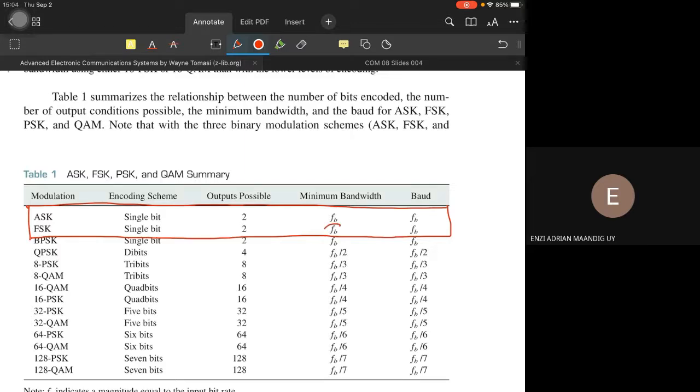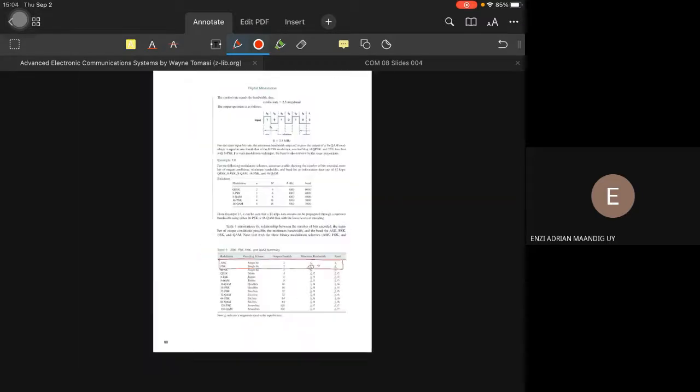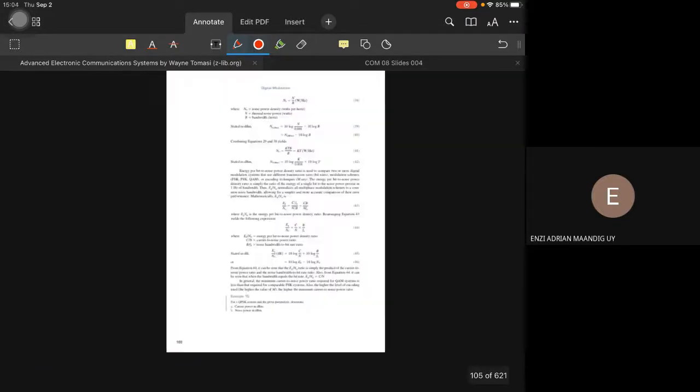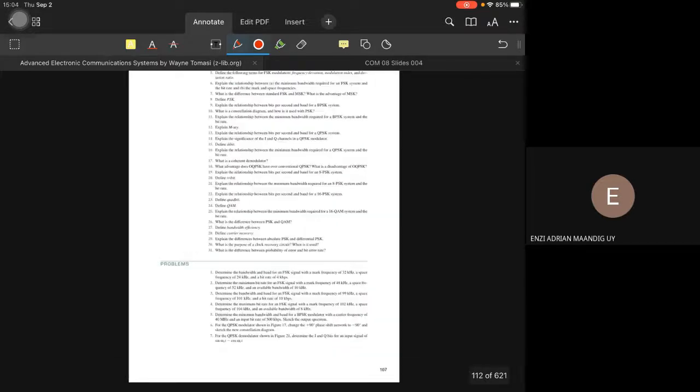FB is always the data rate. Weird. Both bit rates are equal, but the minimum bandwidth is not equal to it. Is that okay?